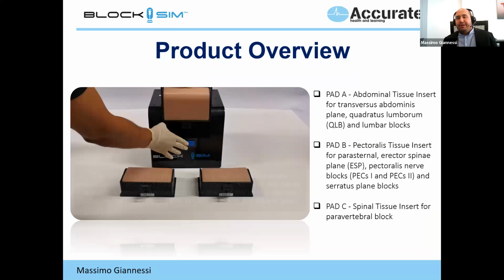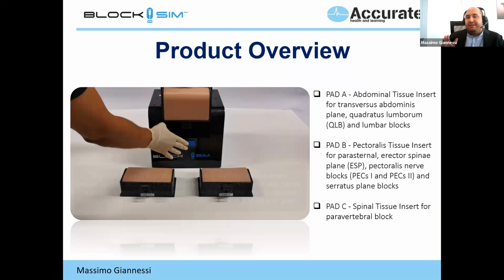About the tissue inserts, the BlockSim simulator has 3 different tissue inserts, for 9 different anesthesia regional blocks. So some tissue inserts can be used for more than one type of block.